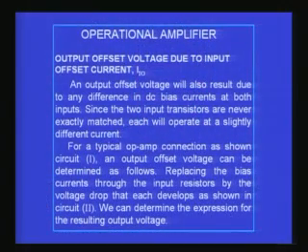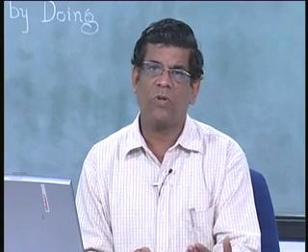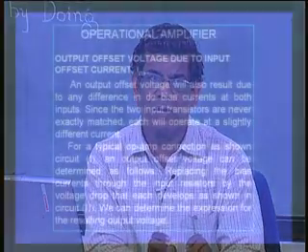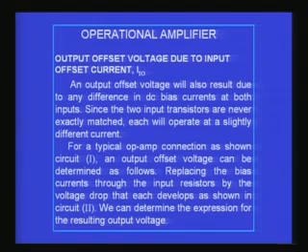Right. Now, I also mentioned to you that the output offset voltage has two contributions. One that we have already seen is due to the finite input offset voltage, and the second is due to the difference in the two bias currents at the two input terminals of the operational amplifier.